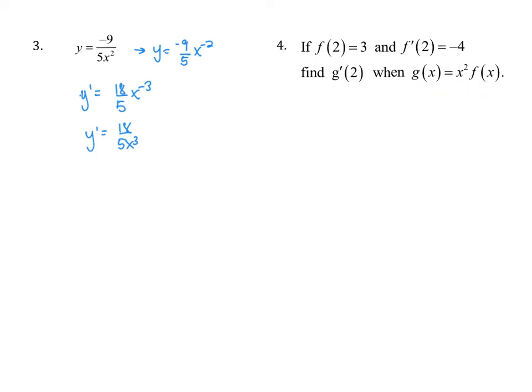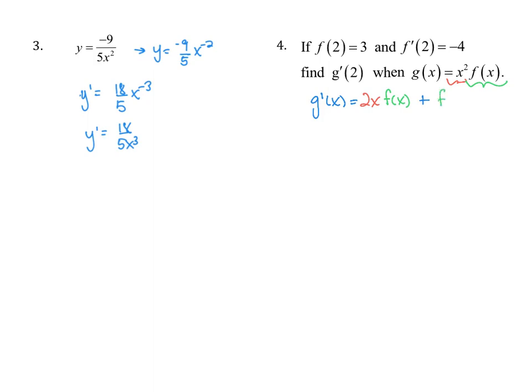So the first thing we're going to do is take this problem and put it into the product rule. So if I rewrite this, I would have g prime of x equals the derivative of the first, which would be 2x, times the second, which is just f of x, plus the derivative of the second times the first.